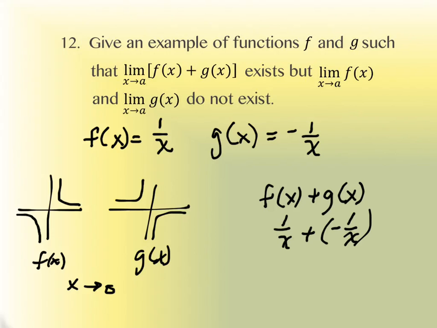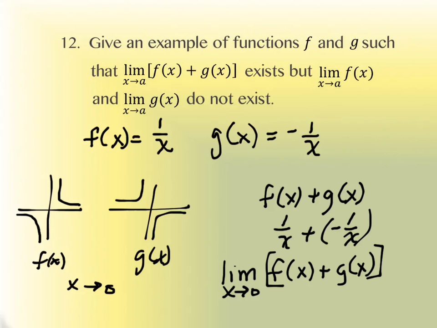This is actually equal to 0. So when I take this limit of this function f of x plus g of x, I'm actually taking the limit as x approaches 0 of 0. And what is the limit of 0? It's not a trick question, I promise. It's 0, right? It's just a constant.